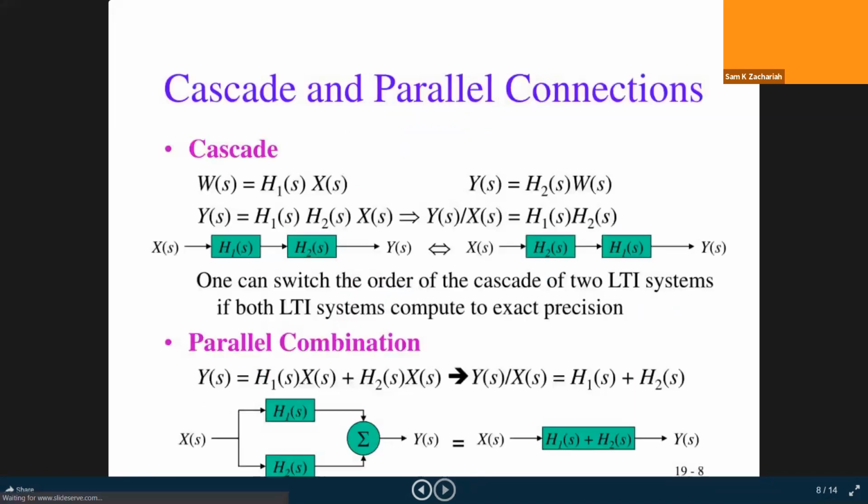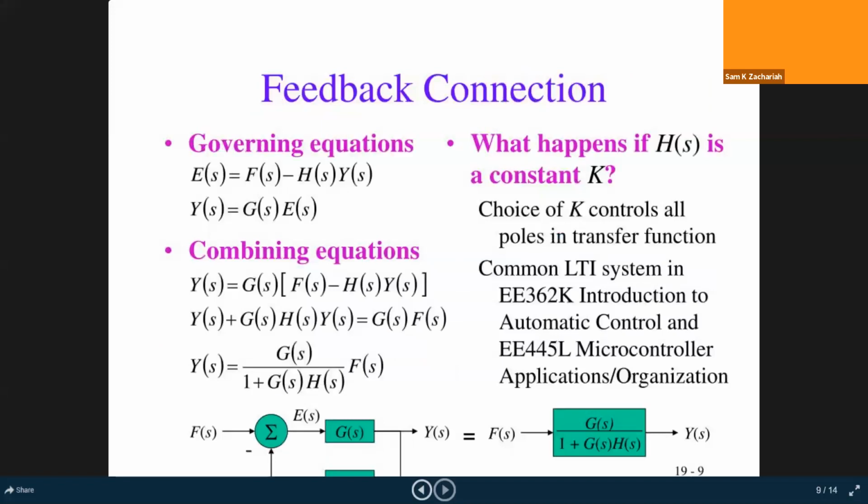Then the cascade and parallel connections. We have shown these are simple rules. The feedback connection is the same thing we studied. They are giving the algebraic derivation of how you get gs by 1 plus gshs. Here the expansion is given. If you are giving ys as the output, ys is equal to gs into fs minus hs ys.